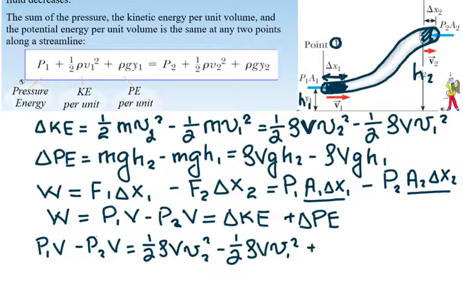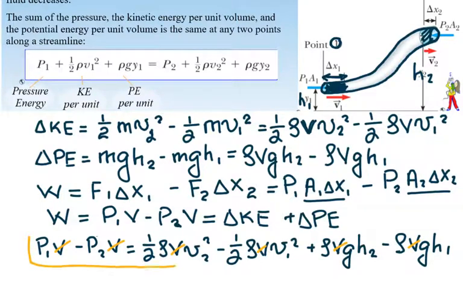The potential energy is rho V g h2 minus rho V g h1. Every single one of these terms has V, so I can cancel all the V's. And after I rearrange them in this equation, I will get Bernoulli's equation.